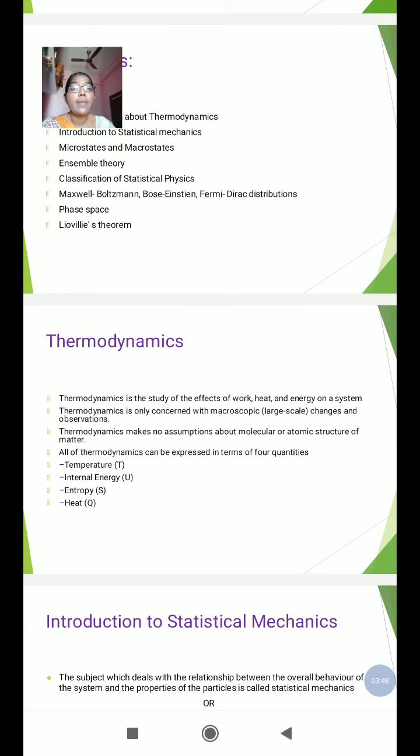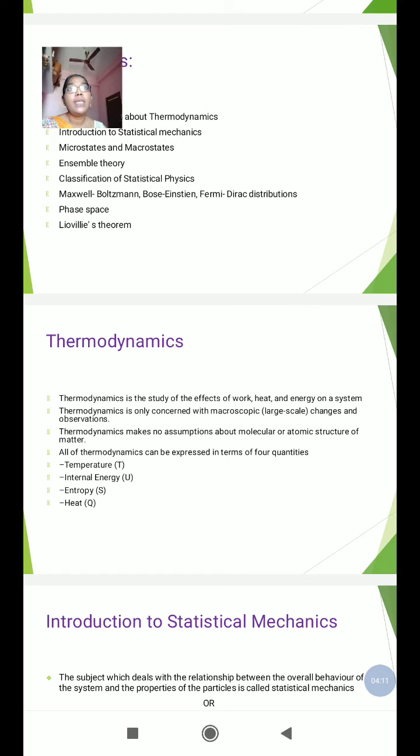Thermodynamics is the study of the effects of work, heat and energy on a system, or by the system. It is concerned with macroscopic changes and observations. Thermodynamics gives the macroscopic nature.